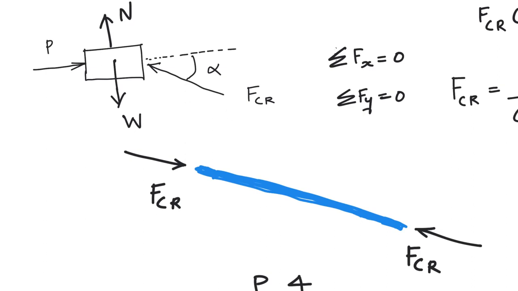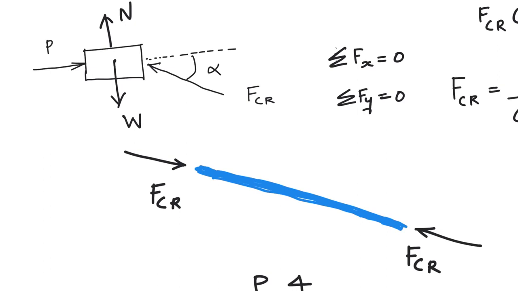So if this is the direction in which the connecting rod applies a force on the piston, the piston will apply an equal and opposite force by virtue of Newton's third law. So I can completely describe the external force acting on the connecting rod at this point. For the connecting rod to be in equilibrium, there should be an equal and opposite force acting like this. So in a nutshell, the force acting on the connecting rod is FCR.